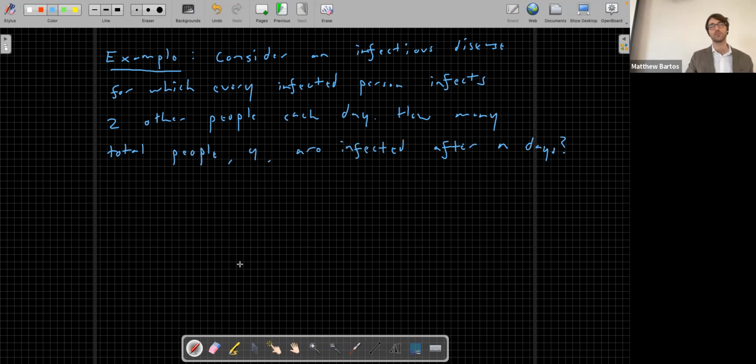Okay, so we can kind of look at this system in a brute force fashion. Let's look at the number of people infected after the first day. So this will be y at time index 1. So from our description of the problem, we have the number of infected people after the first day is equal to the number of infected people at the beginning of the first day, y0, plus 2 times the number of people infected at the beginning of the day, right?